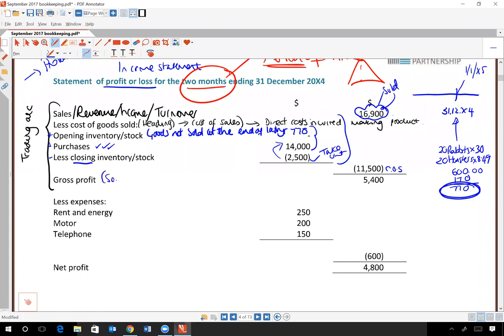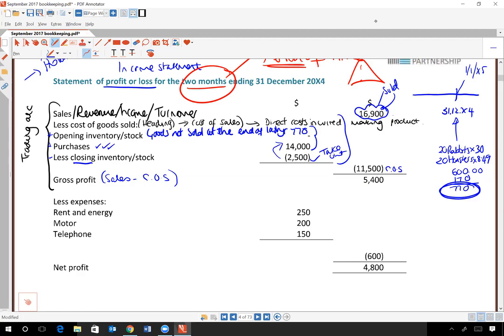So sales less cost of sales will give me something called gross profit. So you may have heard in business people saying, oh, I want the gross profit to be 20%. I want the gross profit to be 30%. We now know how people arrive at gross profit. It's where we take the sales less our core costs.